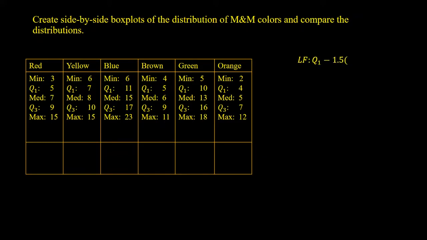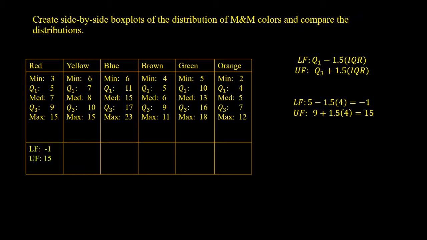The upper fence is Q3 plus 1.5 times the IQR. So for red, I'm going to have 5 minus 1.5 times 4, which is negative 1, because clearly 9 minus 5 is 4. That's the IQR. The upper fence is 9 plus 1.5 times 4, which is 15. Now my maximum was 15, my minimum was 3, so I'm not going to have any outliers there.